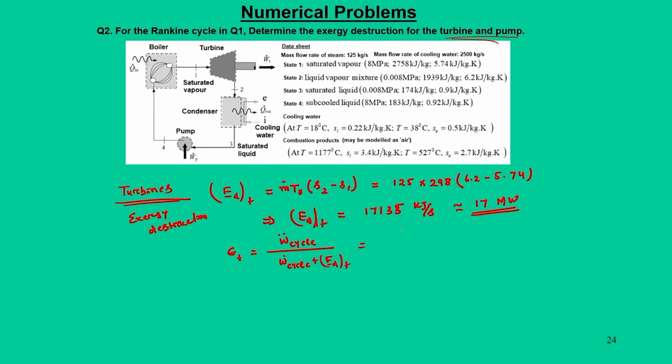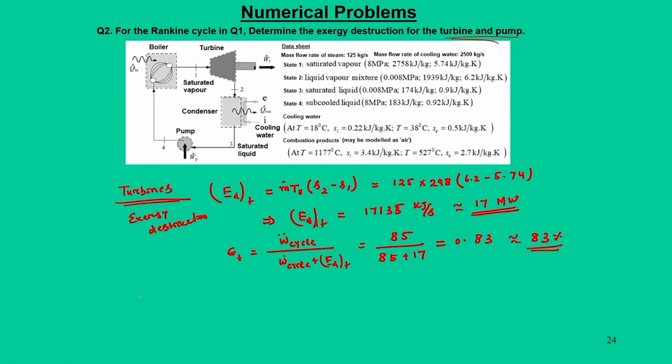So, in our cycle it is 85 divided by 85 plus 17. So, the ratio will be 83%. So, the exergetic efficiency is 83%, which is quite good.